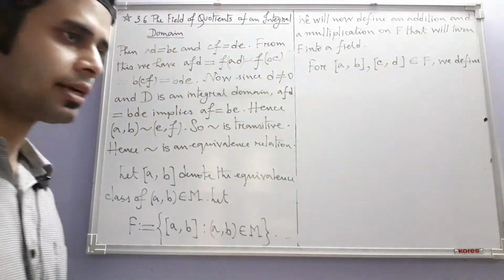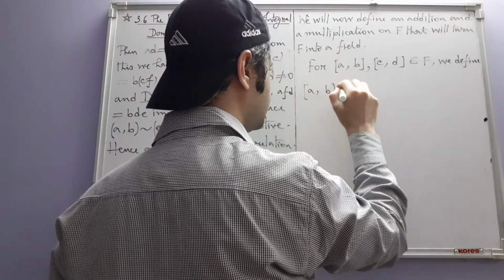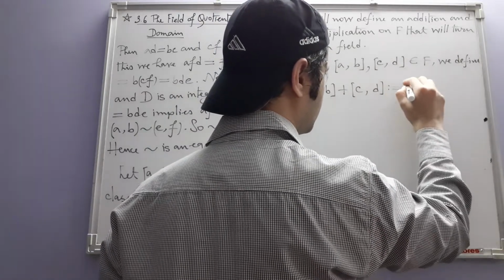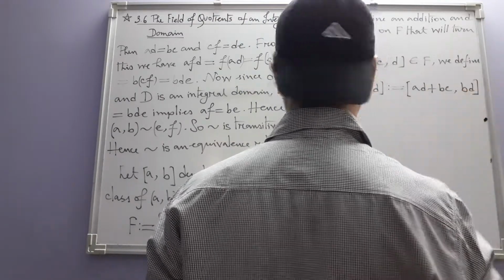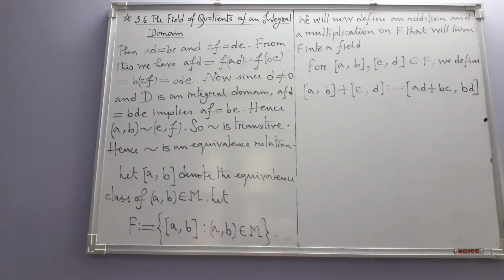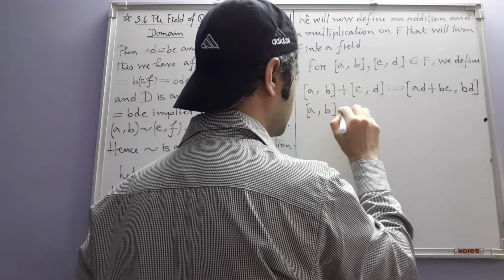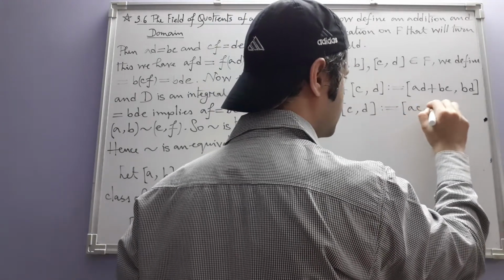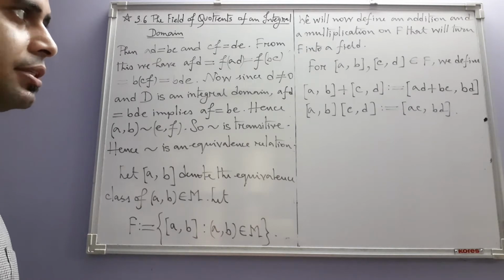So this we are treating as nothing but A divided by B. So the definition for addition will be just this: AD plus BC over BD, and the definition of multiplication likewise will be AC over BD.